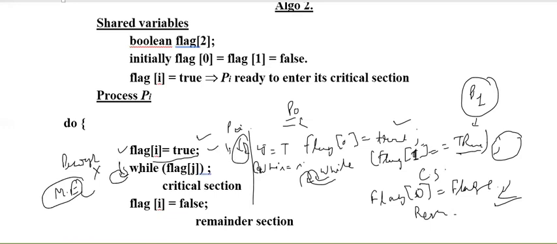So this will move past this one, this becomes false, and after this becomes false, it can move into the critical section. So it is quite visible that yes, it is providing mutual exclusion effectively. There is no problem in mutual exclusion, but still progress is not yet satisfied.